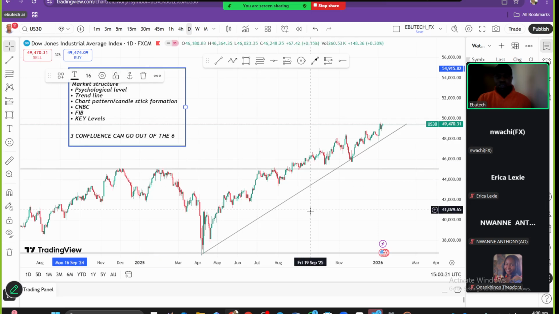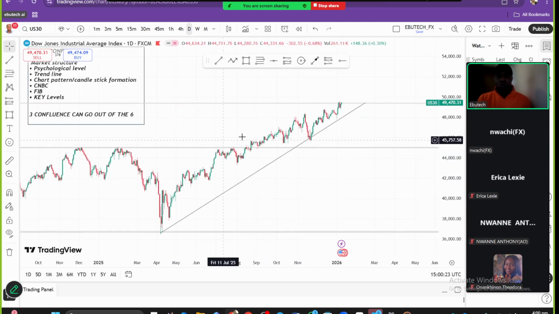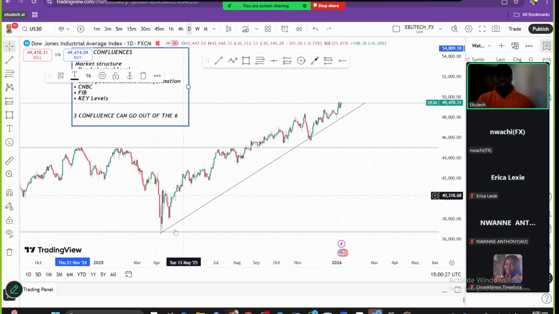Are you guys seeing any other zone here? Is there any other zone that we need to mark out? We have already brought out our trend line. Then we have marked our highest zone and the lowest zone, the key levels.